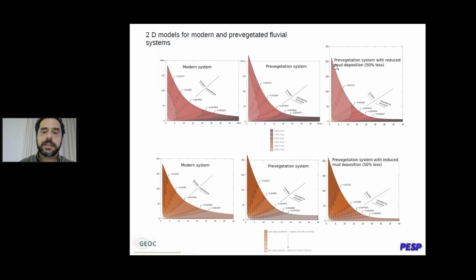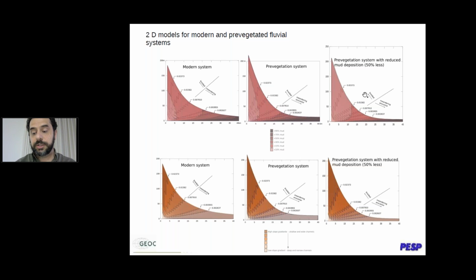What we can see is that in pre-vegetation systems, because you have lower efficiency of transport inside the channels, you would end up with a much greater proportion of high slope systems than in modern day ones. So this light pink here is the highest slopes on the profile, preserved as sediments. And that could explain why we have such a large amount of high flow number structures and shallow channels on those systems when comparing to modern day ones.